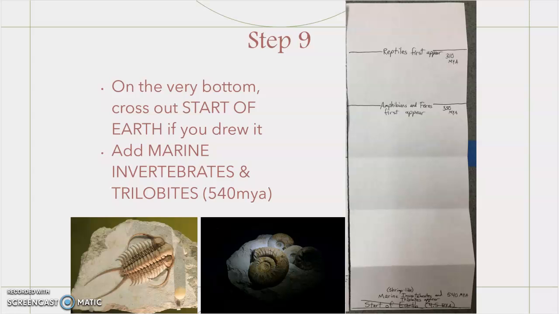On the very bottom, you have to add the statement marine invertebrates and trilobites. That's 540 million years ago. And I have some fossils of these that I will show you when I get back. They're super awesome. I have actual fossils.